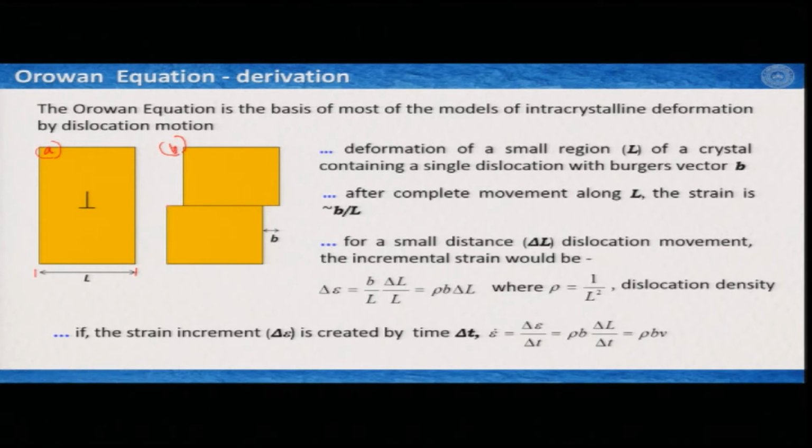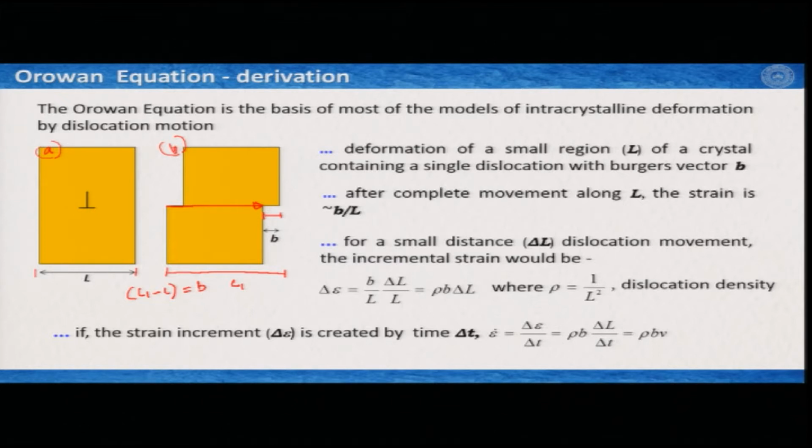The single dislocation moves from here to here, giving rise to a strain in the crystal. If this is L and this one is L1, then certainly L1 minus L is the Burgers vector, which is the unit vector of the dislocation movement.